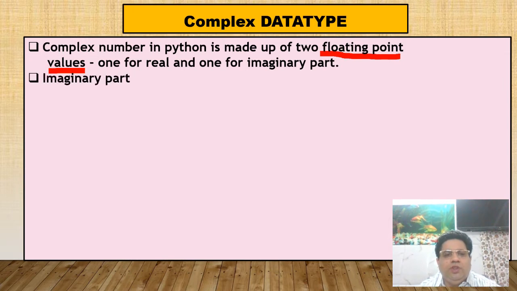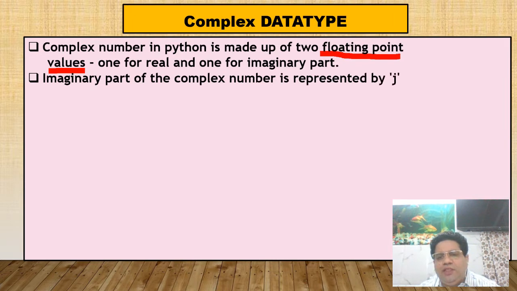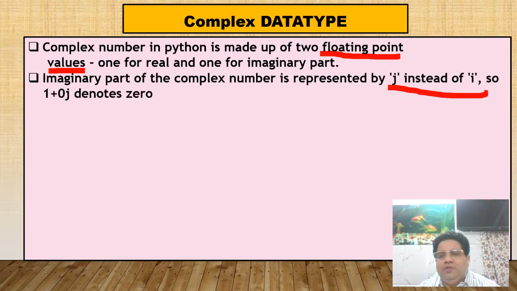Now the imaginary part of the complex number is represented in Python by j instead of i. So in mathematics you have studied that the imaginary part is represented as i, but in Python it is represented as j. So if I write 1 plus 0j, here 0 denotes the imaginary part.